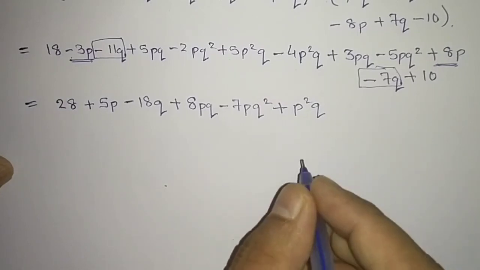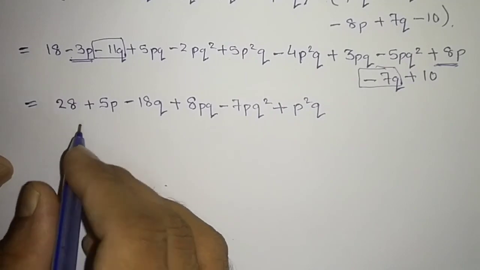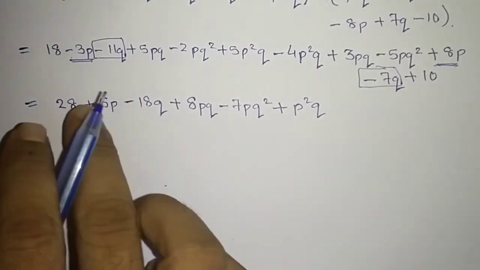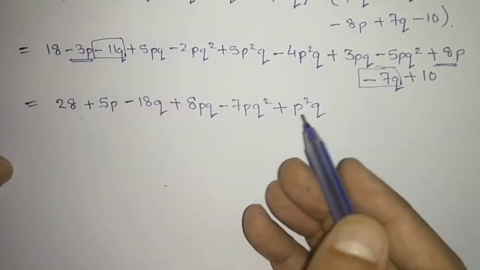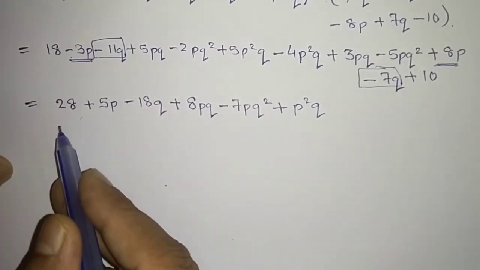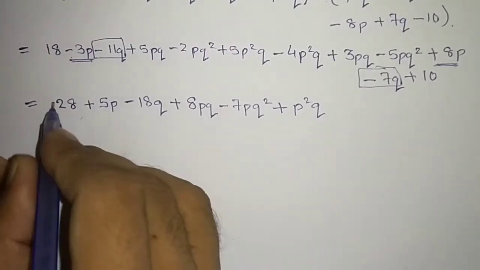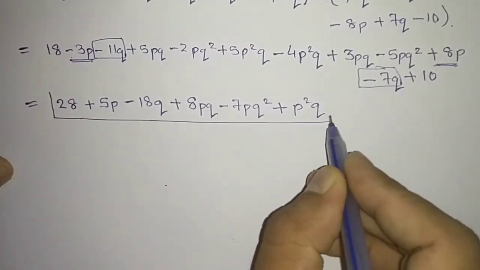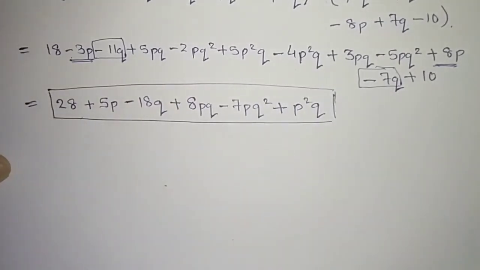This will be our answer. If we place them in increasing order, we can arrange them. Okay, if the constant term is at the last, it is okay. If the p square q is in the first term, it is okay, but this will be your answer. The terms can be placed anywhere.